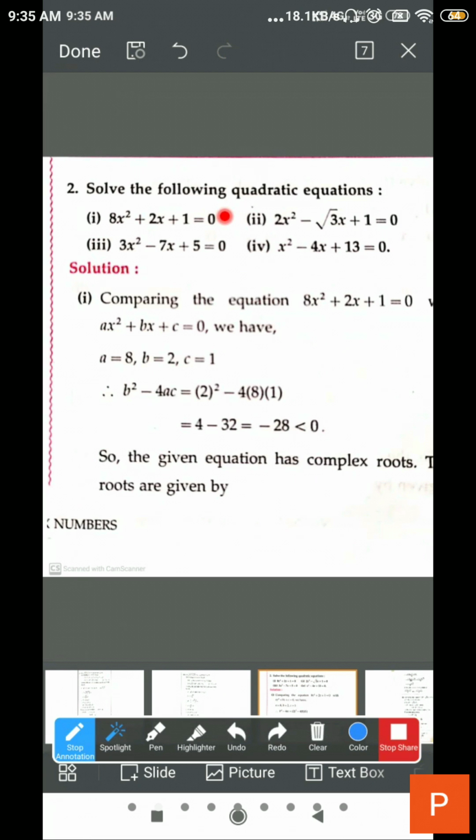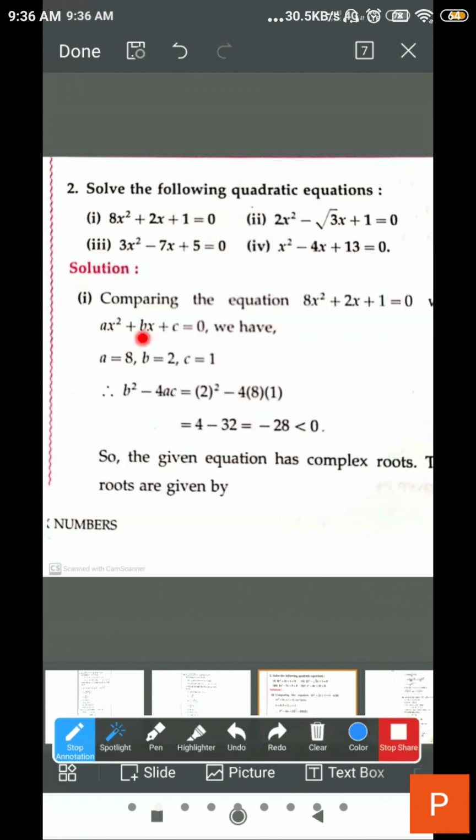Now just start solving that. 8x square plus 2x plus 1. Compare with the standard form of the quadratic equation, which is ax square plus bx plus c, and find the values of a, b, and c.